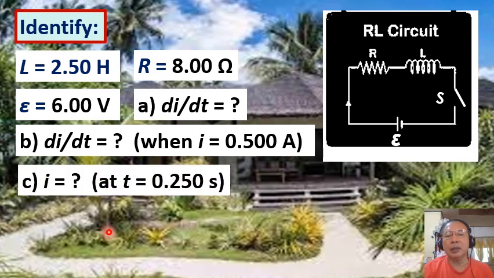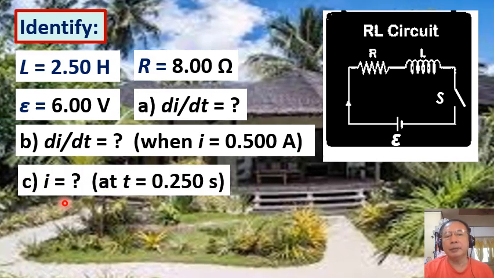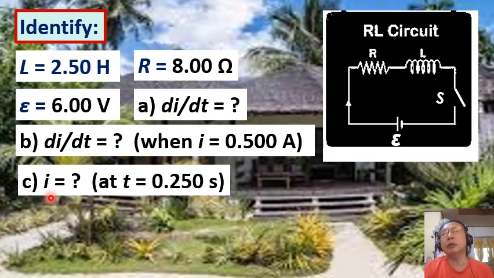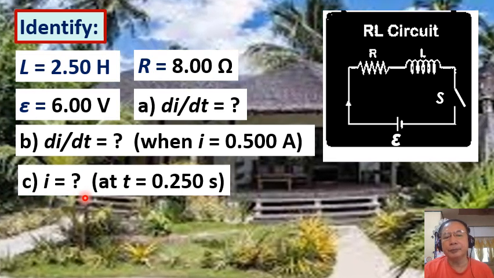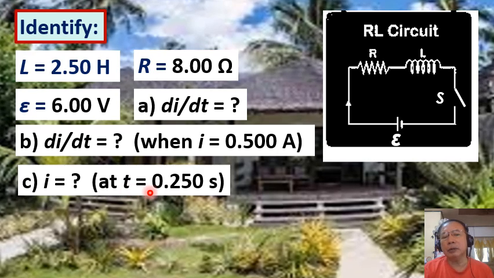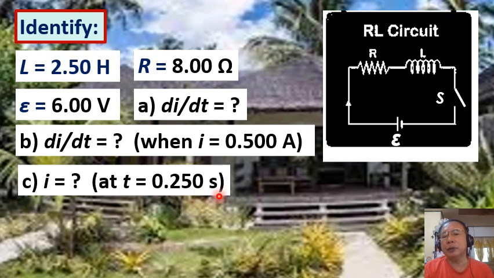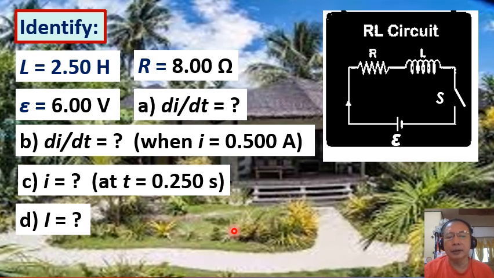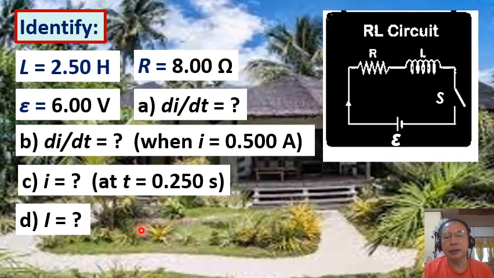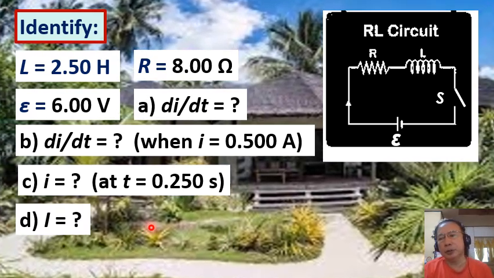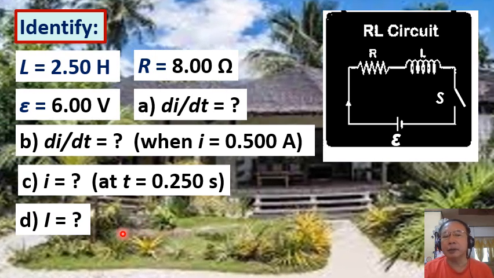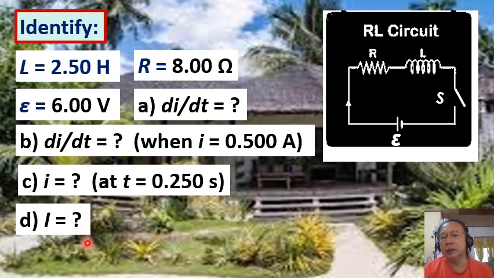In part C, we're going to calculate the current denoted by small letter i at exactly time equals 0.250 second. And lastly, for question letter D, we are required to determine the steady state value of the current denoted by capital I.